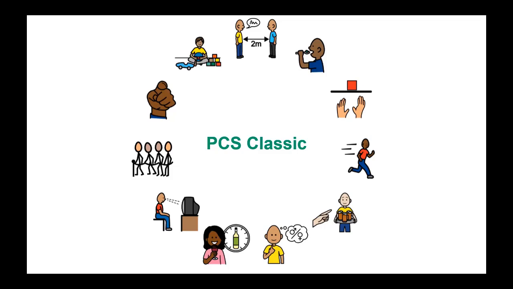So these are the oldest symbols that Boardmaker started out with, really, over 30 years ago. And so these are probably the most recognisable PCS symbols that most people know about. You'll sometimes hear them referred to as the eggheads for quite obvious reasons. But these symbols were originally designed to be able to quickly draw meaning from the symbols that are represented.